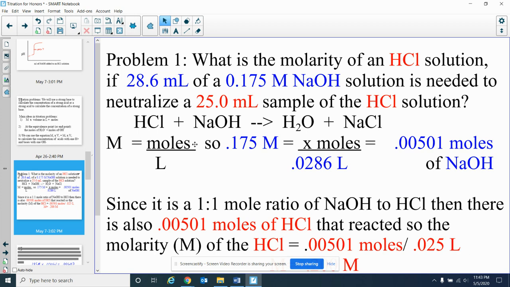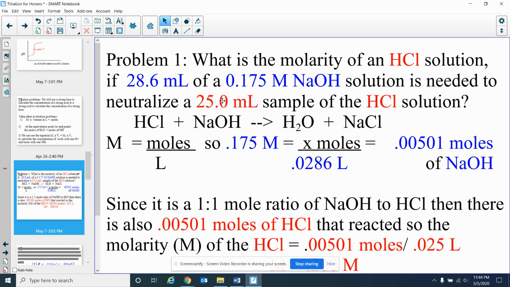Okay, so problem 1. What is the molarity of an HCl solution if 28.6 milliliters of 0.175 molar NaOH is needed to neutralize a 25 milliliter sample of HCl? So back to that picture, down in the flask, I would have 25 milliliters of HCl. I would put a couple drops of the indicator, that's all I need.